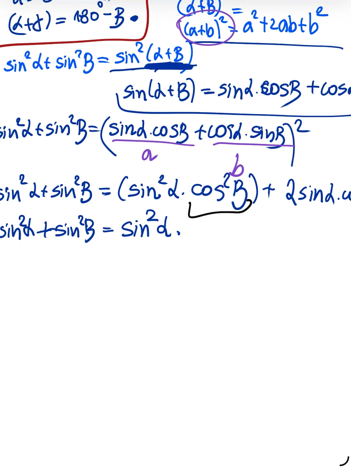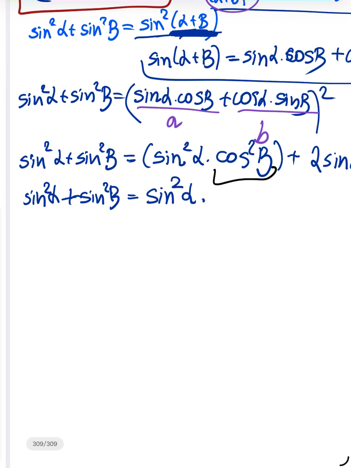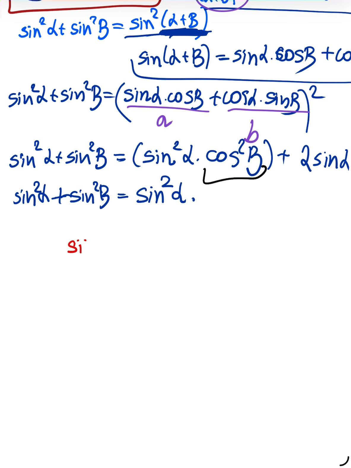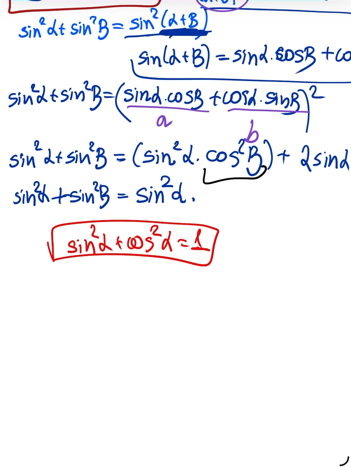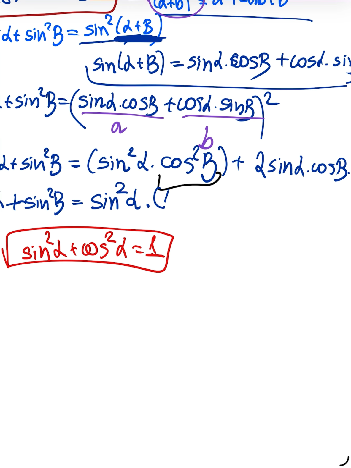And from the main trigonometric identity, which states that sinus square alpha plus cosine square alpha is equal to 1, we can present one of the trigonometric functions, sine and cosine, through the other. For example, cosine square beta is going to be 1 minus sinus square beta. This is the way we present it.